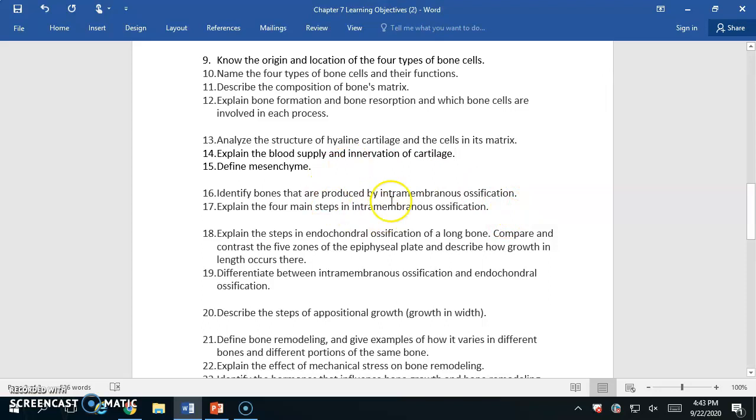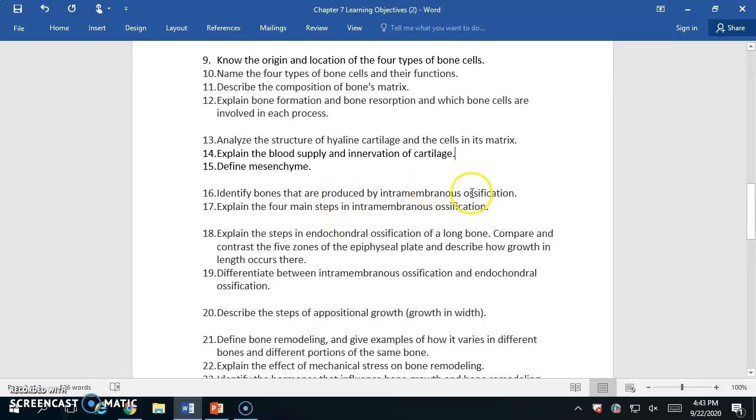In these objectives, we're talking about the very first time that bone is formed, so bones forming when the human is still in the uterus. So we're still an embryo and fetus. So that's what we're talking about.